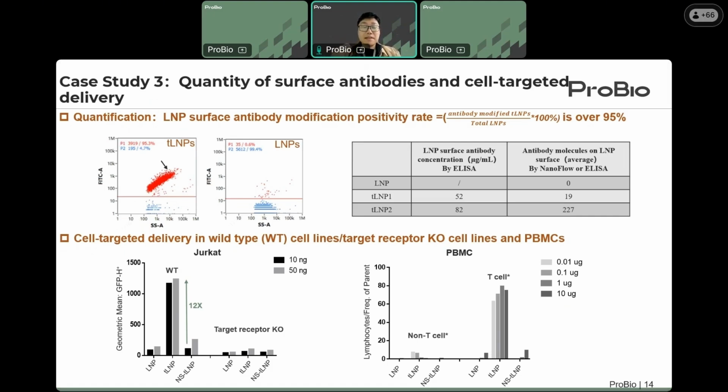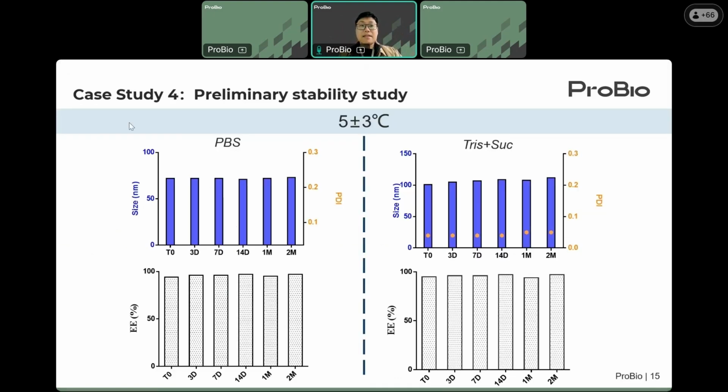I think these two figures give very good evidence of our tLNP targeting capability. And case number 4 is a preliminary study of the stability. Like I just mentioned before, the tLNP is quite stable over a long time.